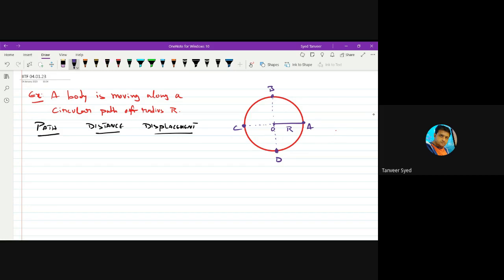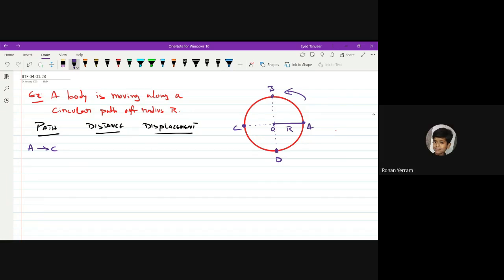let us say the body starts from A and goes to C, moving along the circular path in the anti-clockwise direction, and stops there.